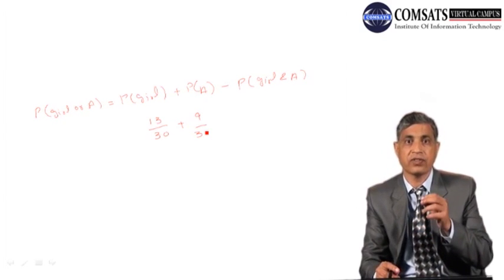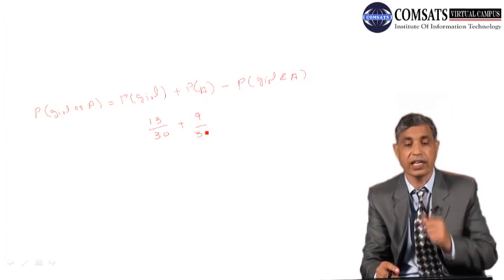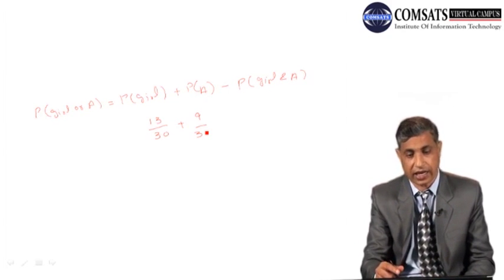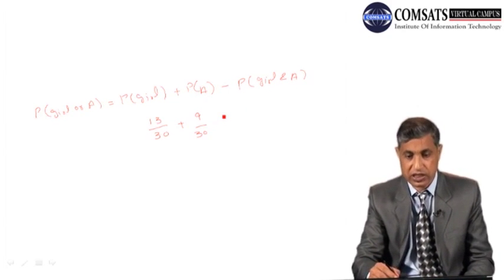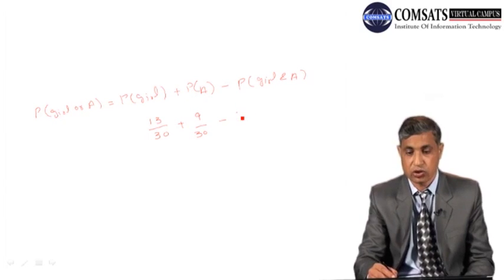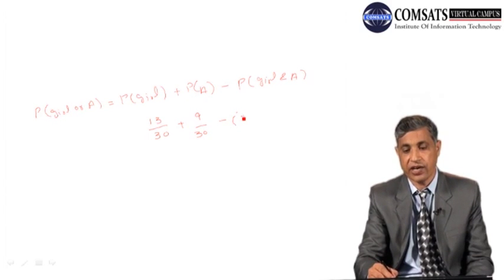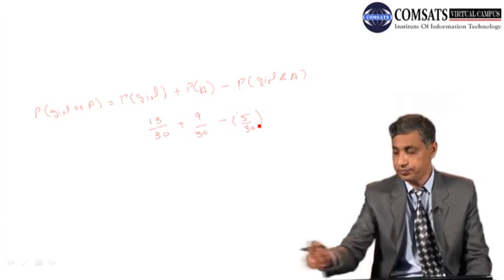But we still have to deduct, because we are interested in finding the girl or the A grade. So we will subtract from it that there are 5 male students with an A grade, and 5 over 30.